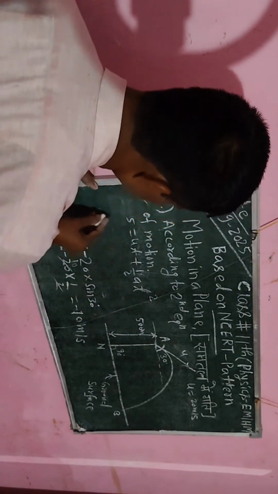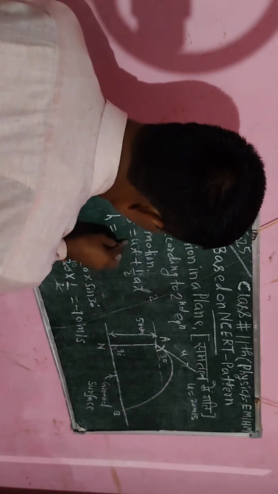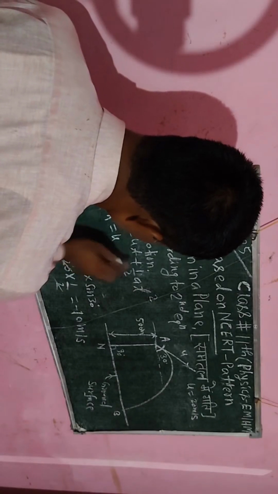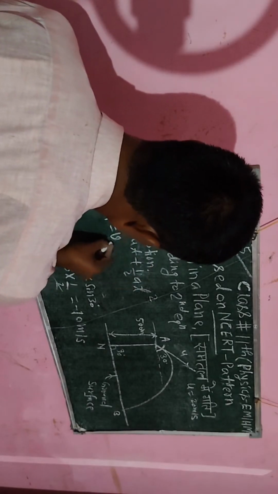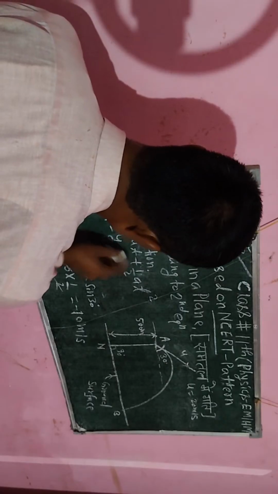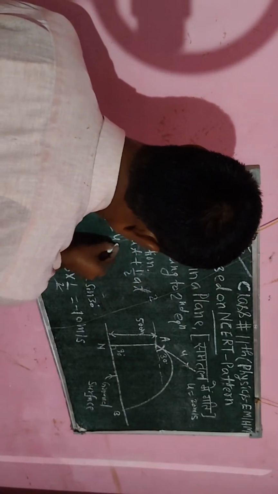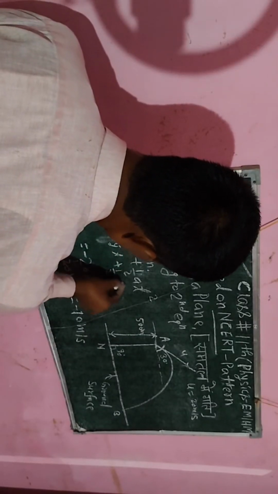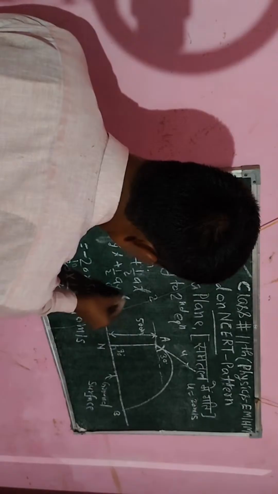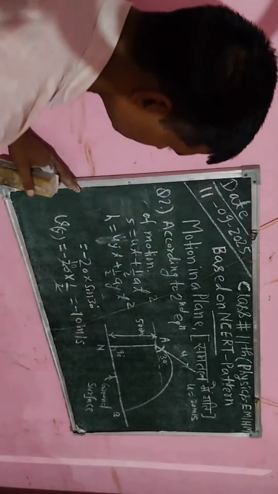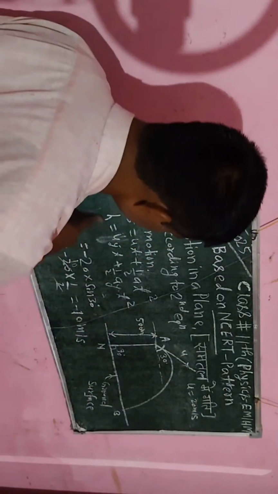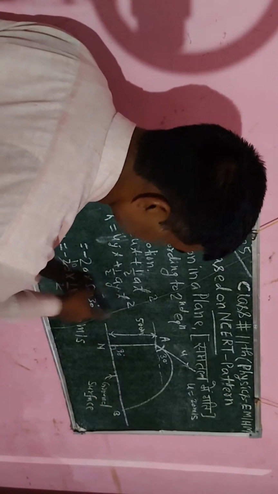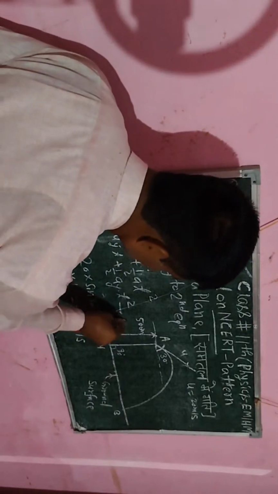In the place of s I will write here, and in the place of u I will write uy, negative 50 plus 1 by 2 ay into t square. I will substitute the values of uy and ay in this equation. I will call this equation number 1.